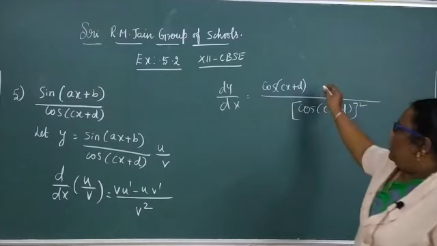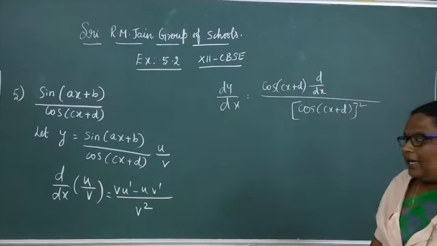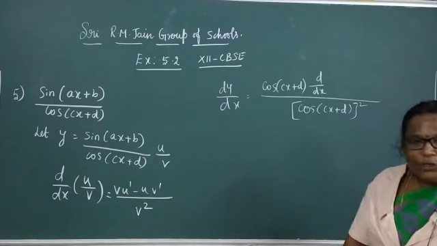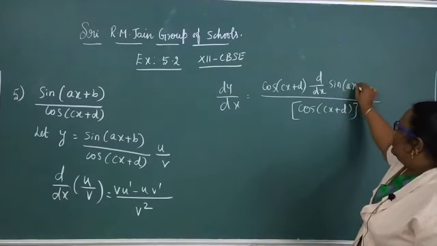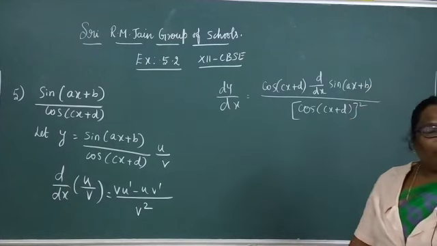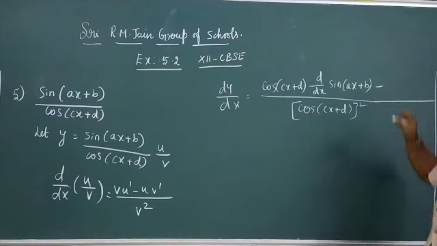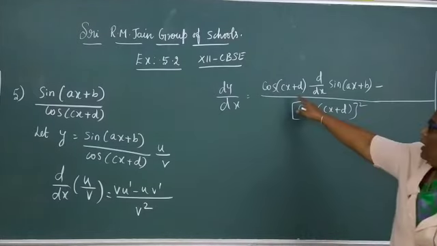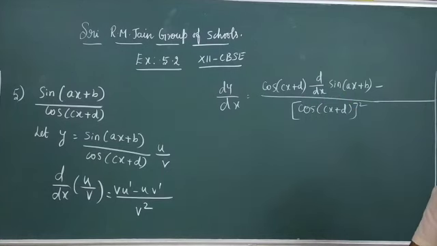For your reference I will write. See here, what is the u value? U value is sine of ax plus b. If you know, you can do it straight away. Minus v u dash, which I had mentioned as d by dx of sine of ax plus b.